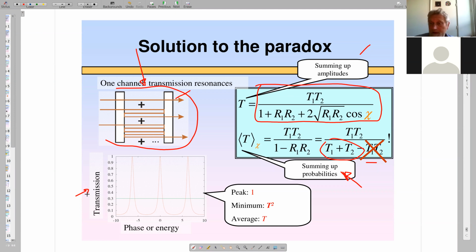First of all, our naive estimation was correct. And actually it was correct for most intervals of the phase factor, except special values where transmission peaks to values almost 1, transmission resonances.